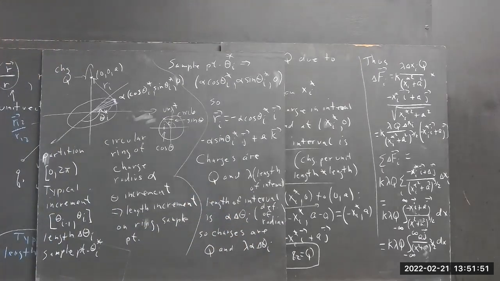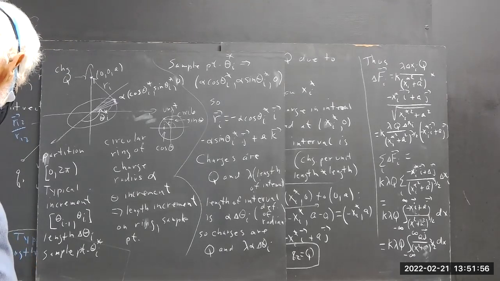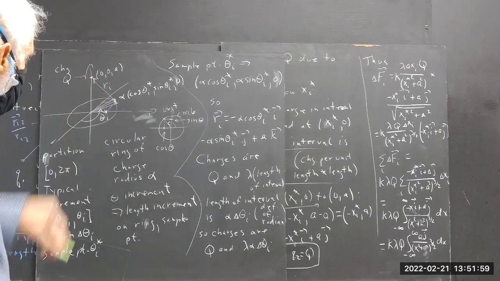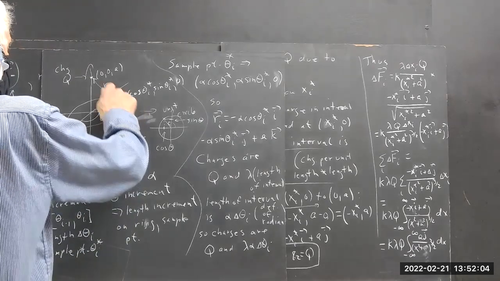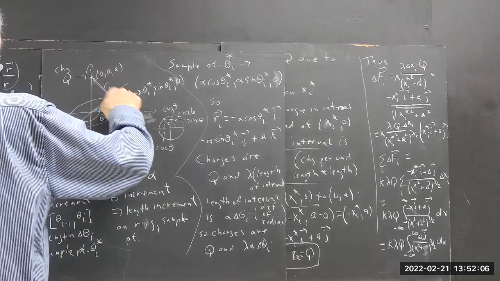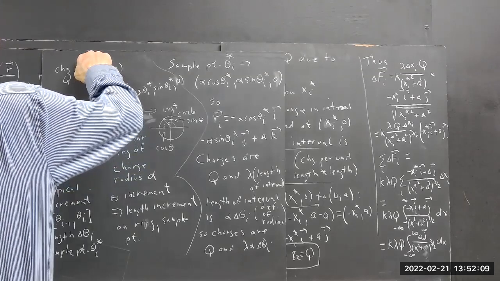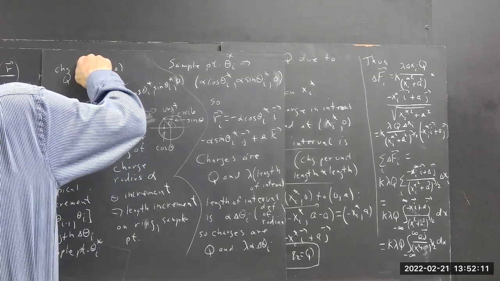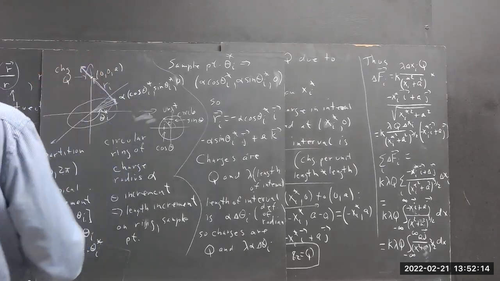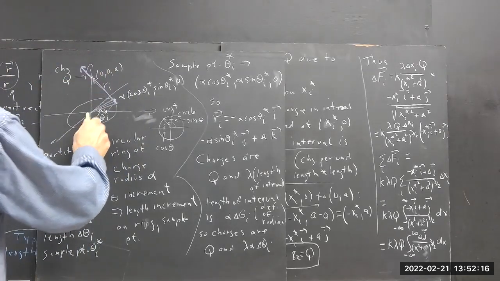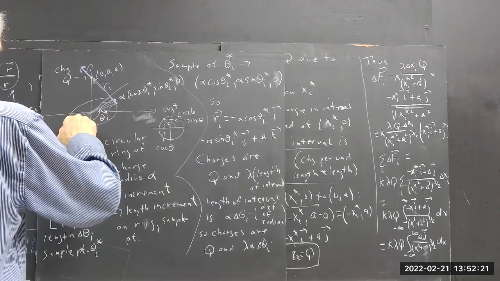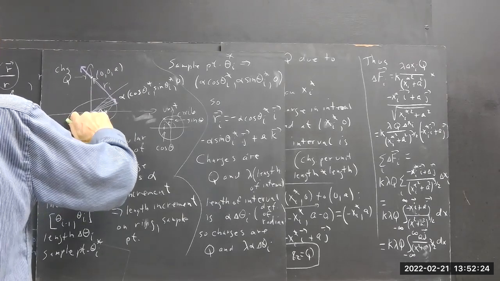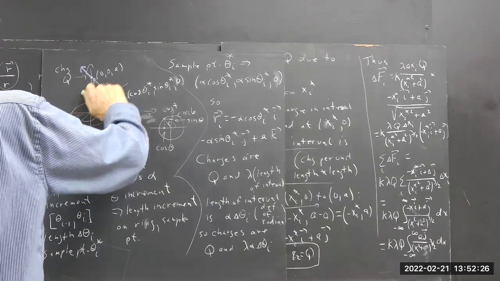Now, as we talked about last time, for this particular interval here, we get a force like so. There's an interval on the opposite side of the circle with its sample point.